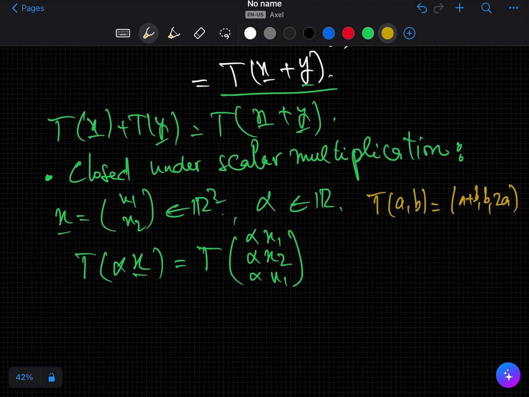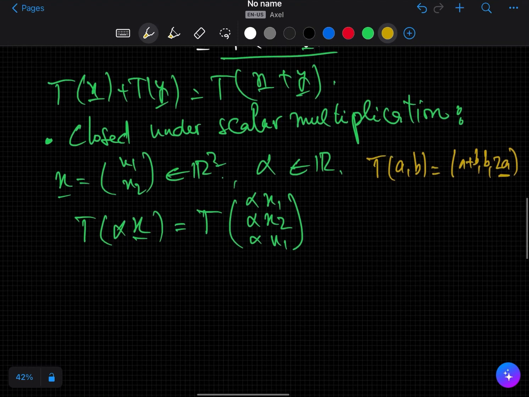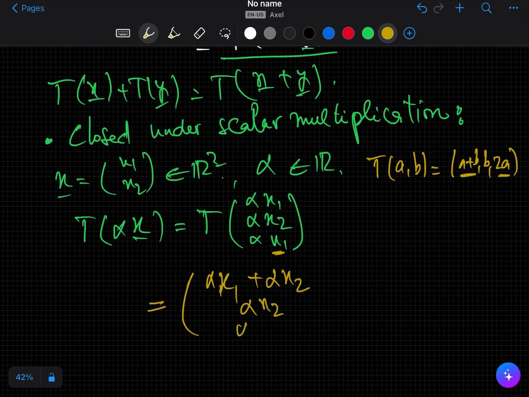So at the last term here I have a, and a is defined as the first component in the vector, so that's why I put here alpha x1. Now I replace the expression: (alpha x1 plus alpha x2, alpha x2, alpha x1).